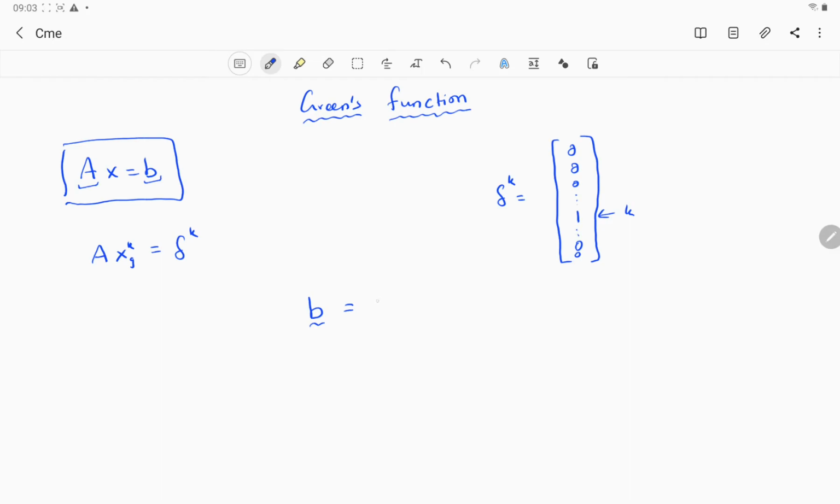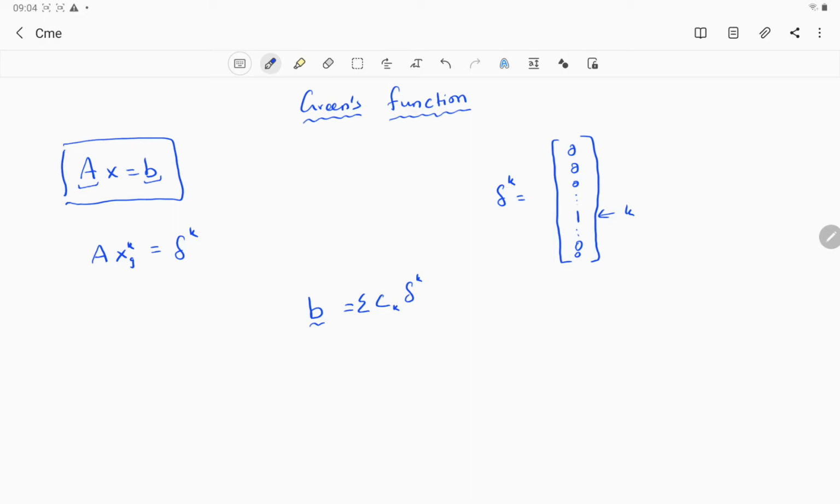Say c is not a vector, so ck del k and summation. A linear combination of del k will give me b.